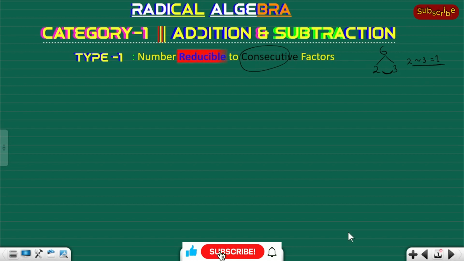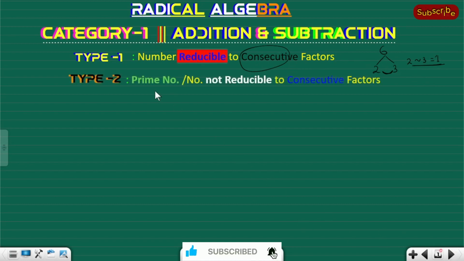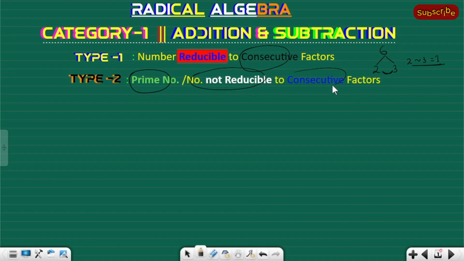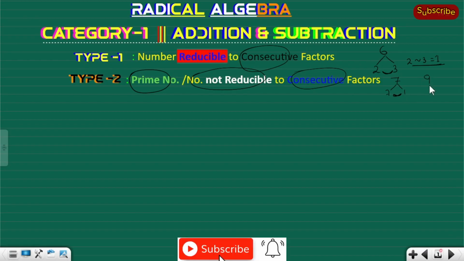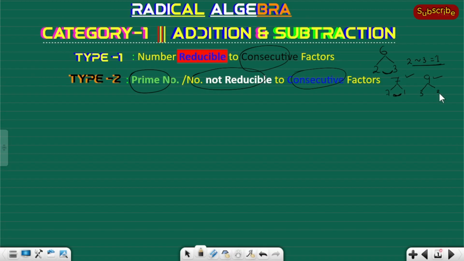And in type 2, prime numbers or numbers not reducible to consecutive factors. 7: we don't have any consecutive factors for 7. We have only 7 and 1. These two are not next to each other, right? Another example, this is not prime, but we have 3 times 3.